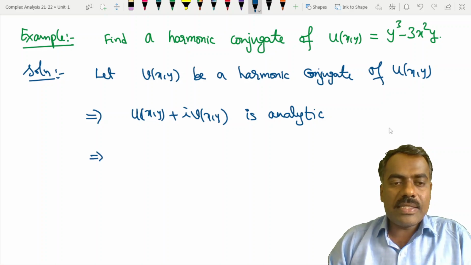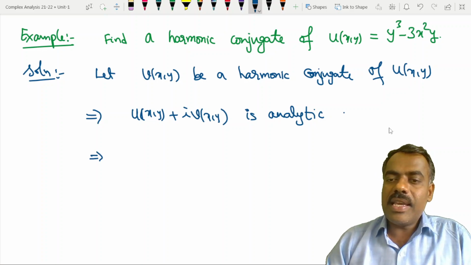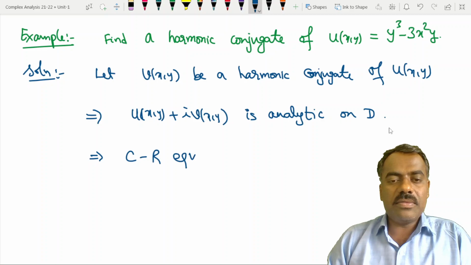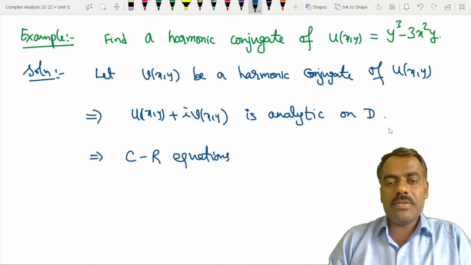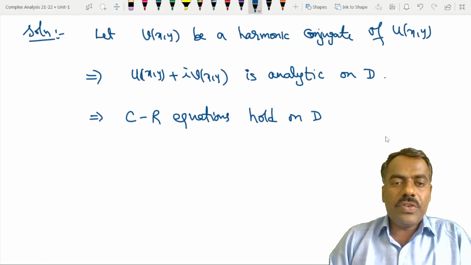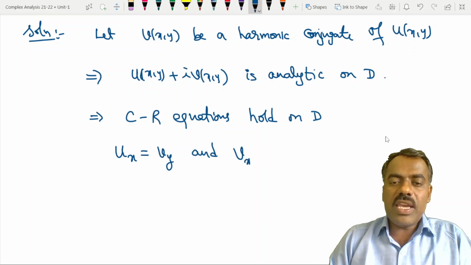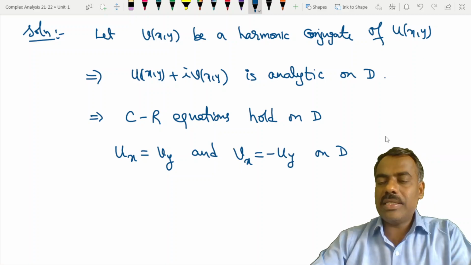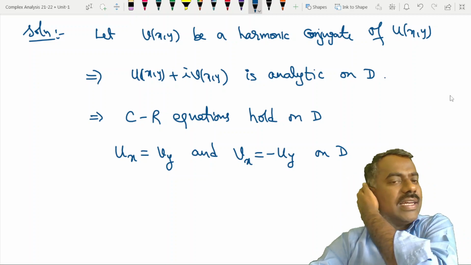This implies that u is analytic on some domain D, so the CR equations must hold on this entire D. That means u_x = v_y and v_x = −u_y at every point in this domain. Is that clear?